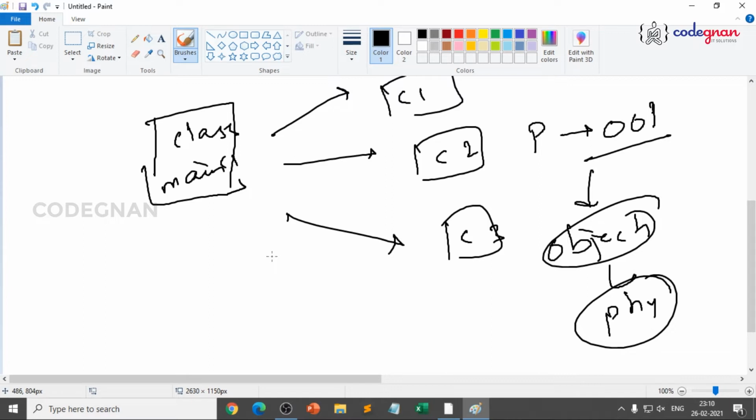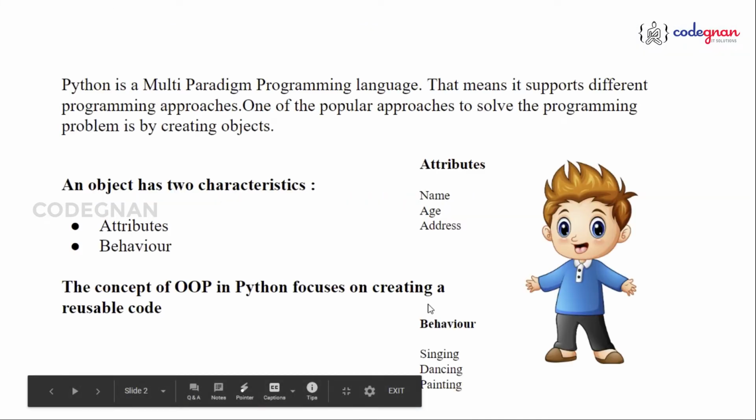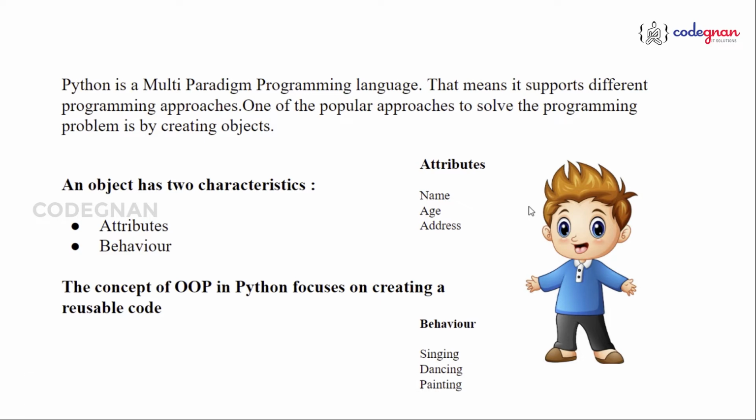So always think of classes as generic in nature, and objects as specific in nature. For that, I have a very good example: you can see a kid, right? This kid has many behaviors, right? Whenever we see attributes and behaviors, an object has mainly two characteristics.